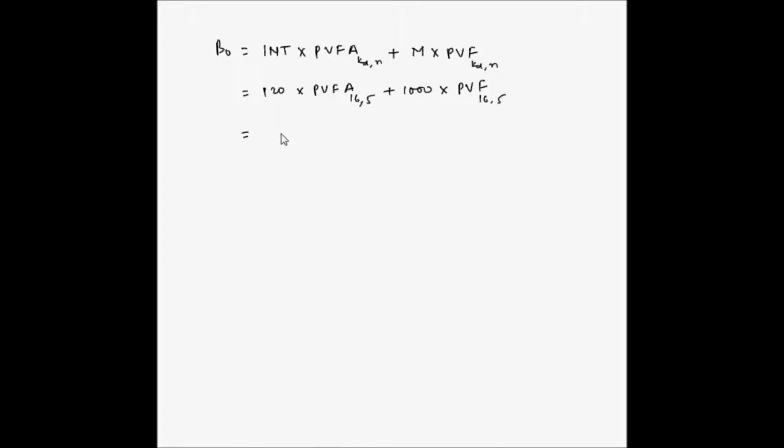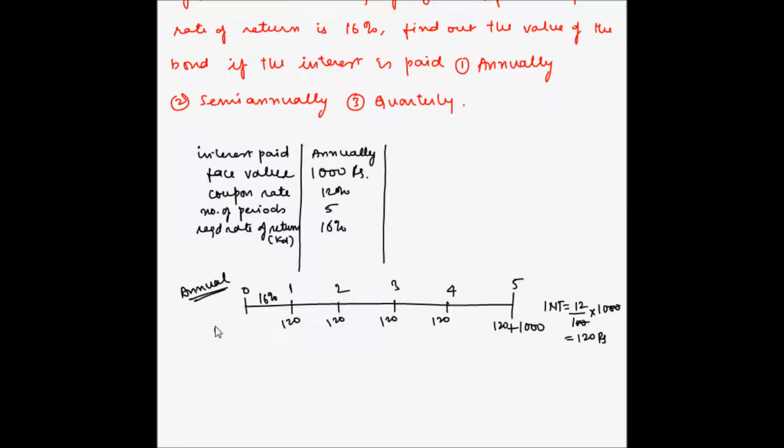So this comes out to be 120 into 3.274 plus 1000 into 0.476, and this turns out to be 868.88 rupees. So basically the value of the bond turns out to be 868.88.